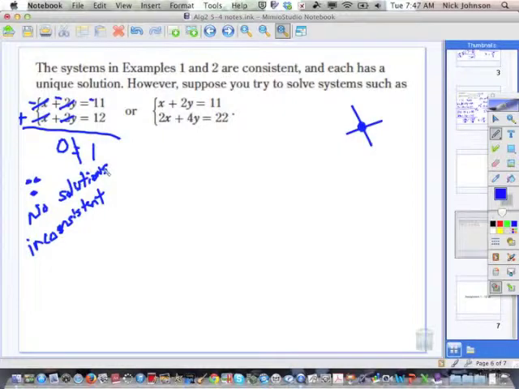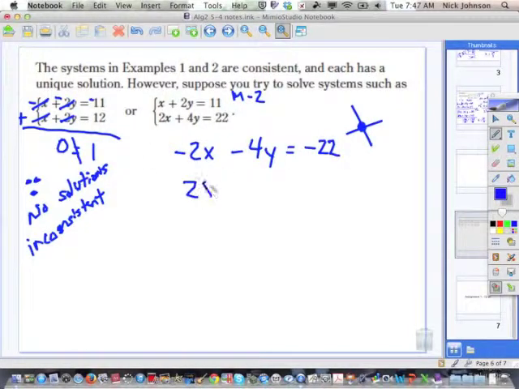Well, what about this second one here? Here we'd have to multiply by a negative 2 because this is a positive 2x, so I would multiply this by a negative 2. So this would give me a negative 2x, a negative 4y, and a negative 22.